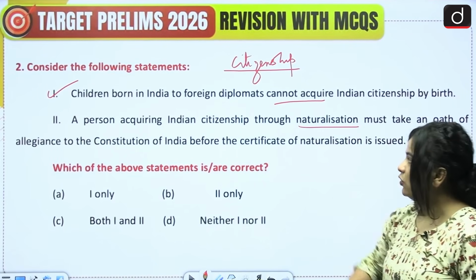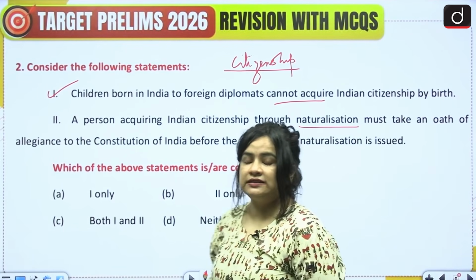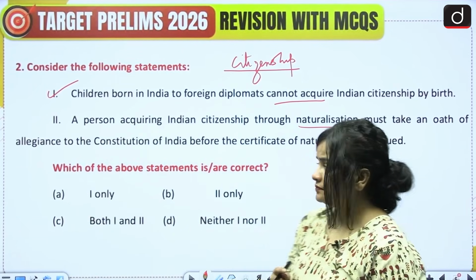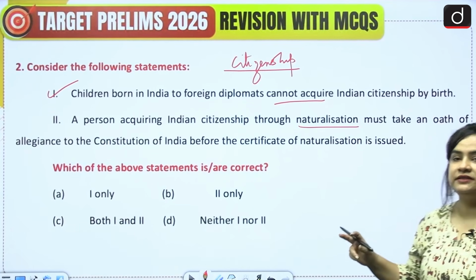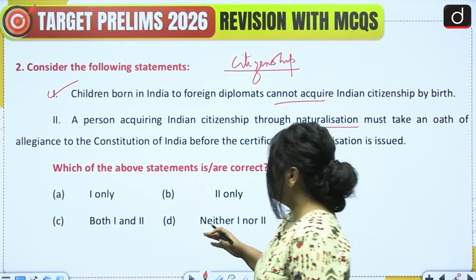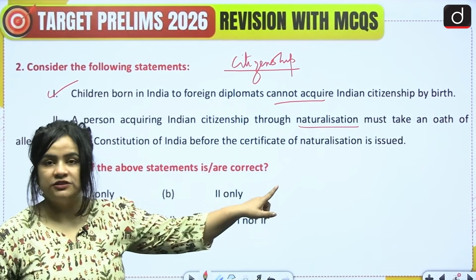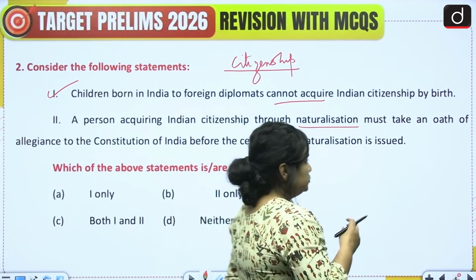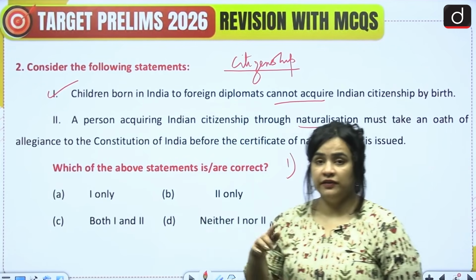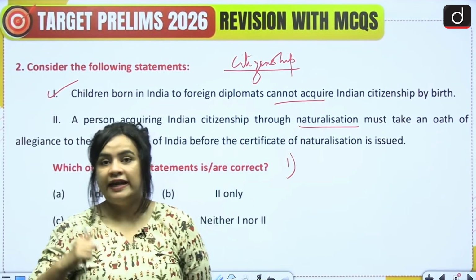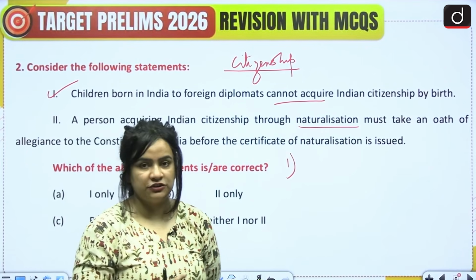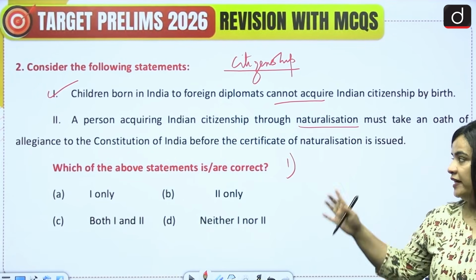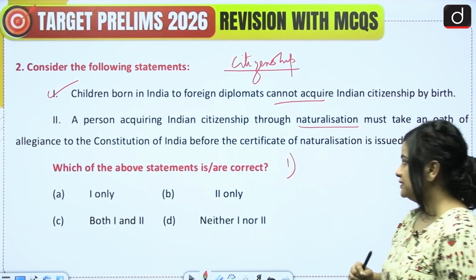The next statement talks about Indian citizenship through naturalization. Now, when we talk about naturalization, there are also again certain parameters that one must fulfill in order to attain citizenship by naturalization. And those criteria are, so suppose a person belongs to a country which does not restrict Indians from acquiring citizenship by naturalization, then to that individual, India will grant citizenship by naturalization.